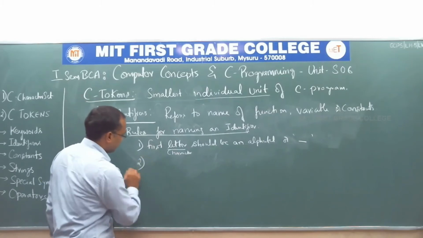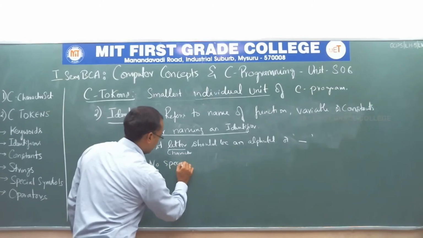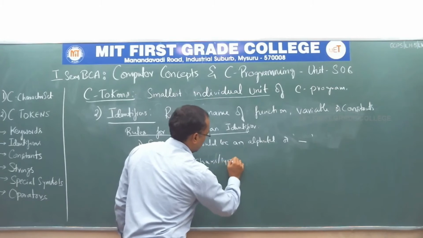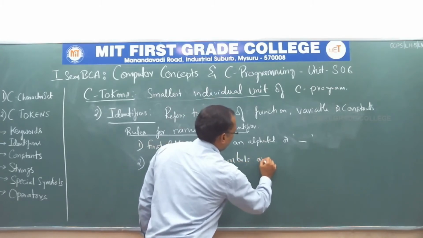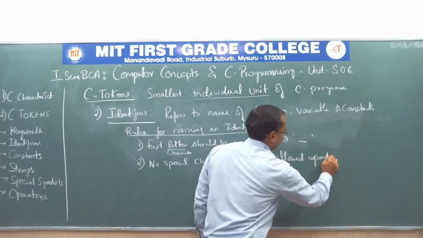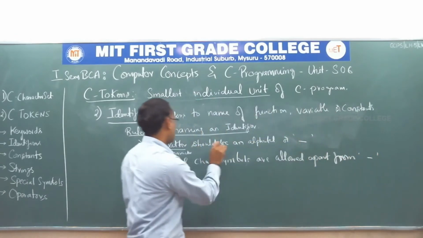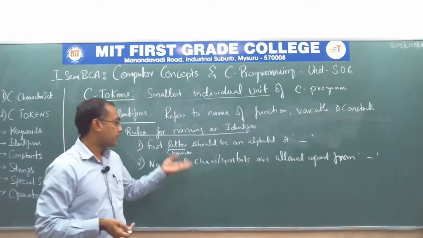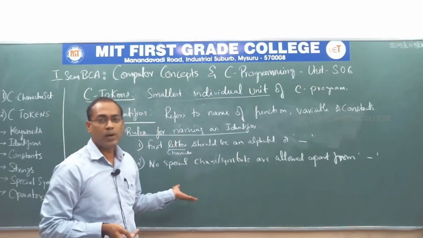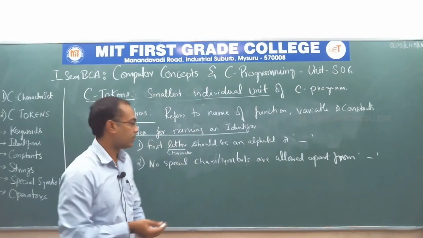The next one is no special characters or symbols are allowed apart from underscore. Since the first rule says that underscore is allowed, the second rule says that apart from the underscore, no other special characters can be used while naming an identifier.